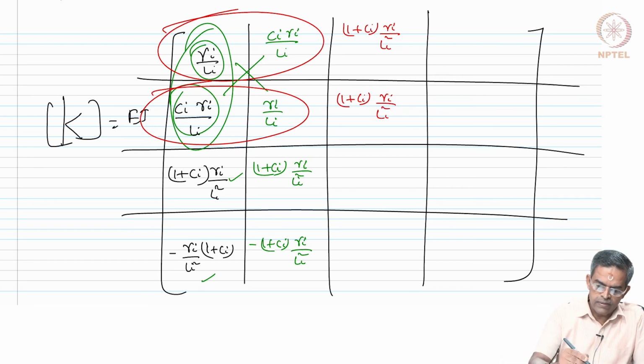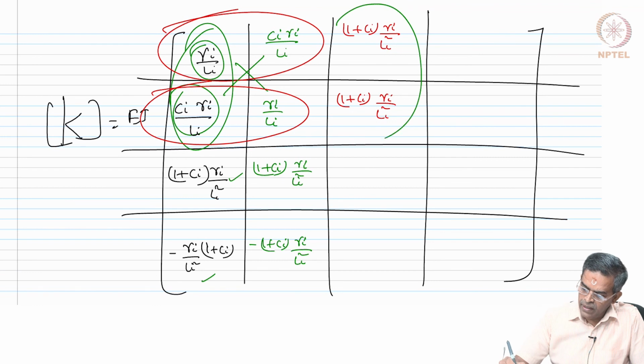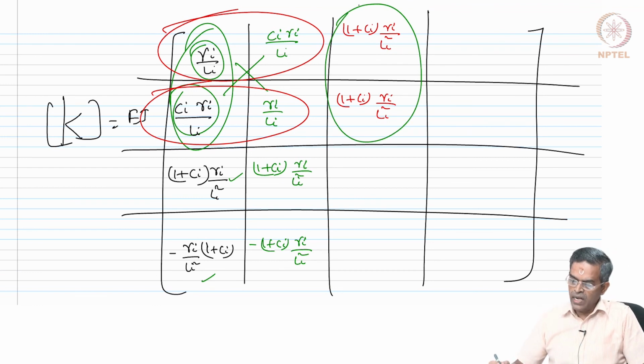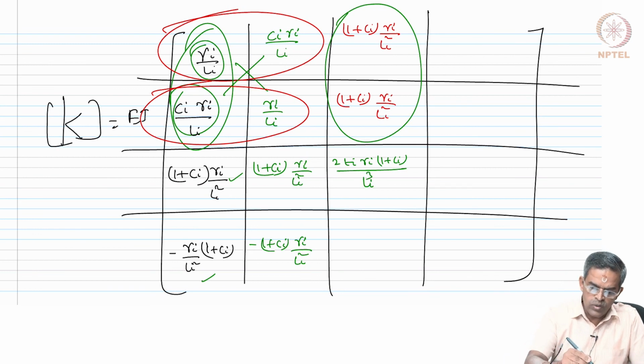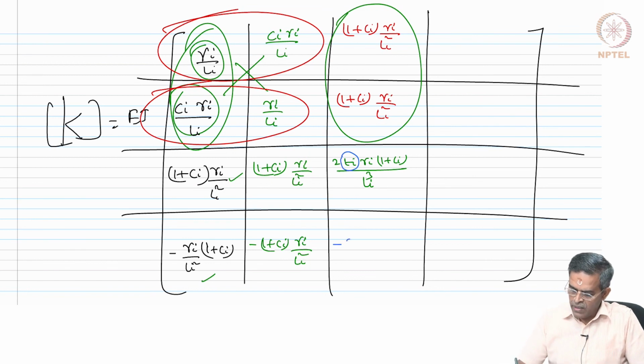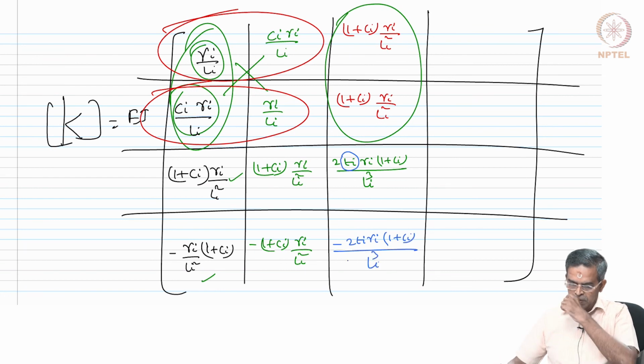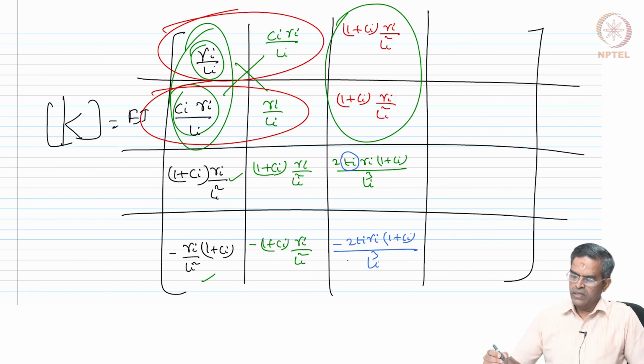To get this, we have to add these two and divide by L. So there I am going to get the transfer function 2 Ti Ri 1 plus Ci by Li cube. This Ti is new here. So this is minus 2 Ti Ri 1 plus Ci by Li cube. The fourth column is the negative of the third column.